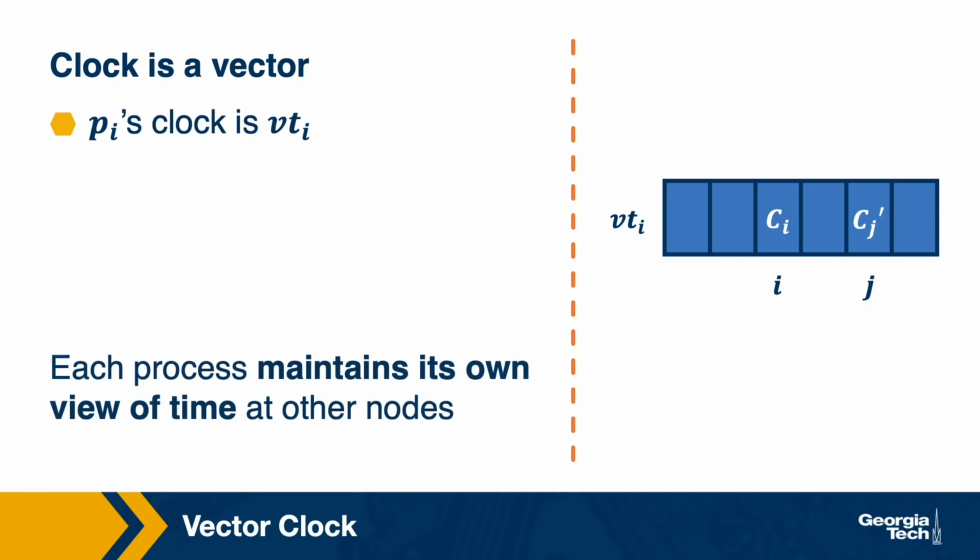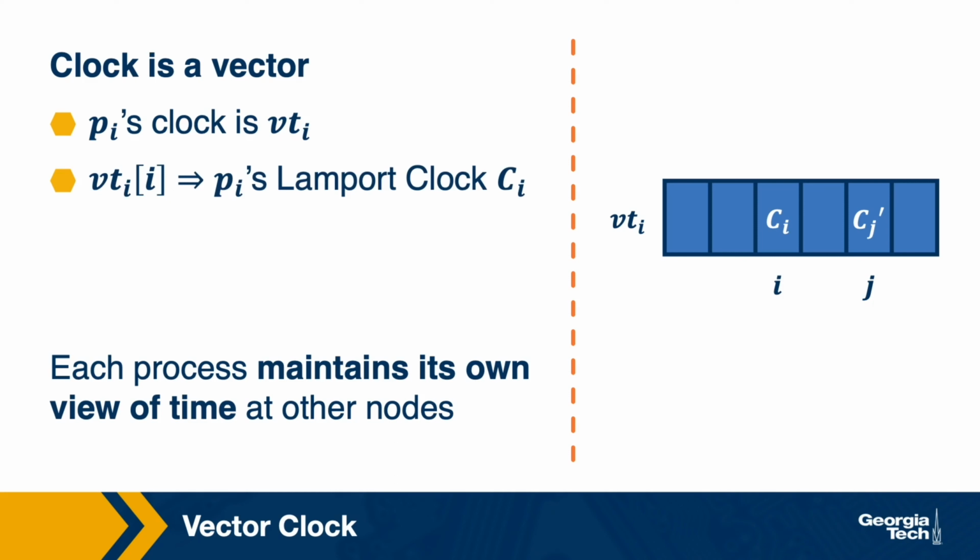As with scalar time, each node in the system maintains its own view of what is the current time in the system. Each node may have a slightly different view of time. The vector clock at node pi, which we will mark as VT of i, in its ith element will have the Lamport scalar clock for that node.